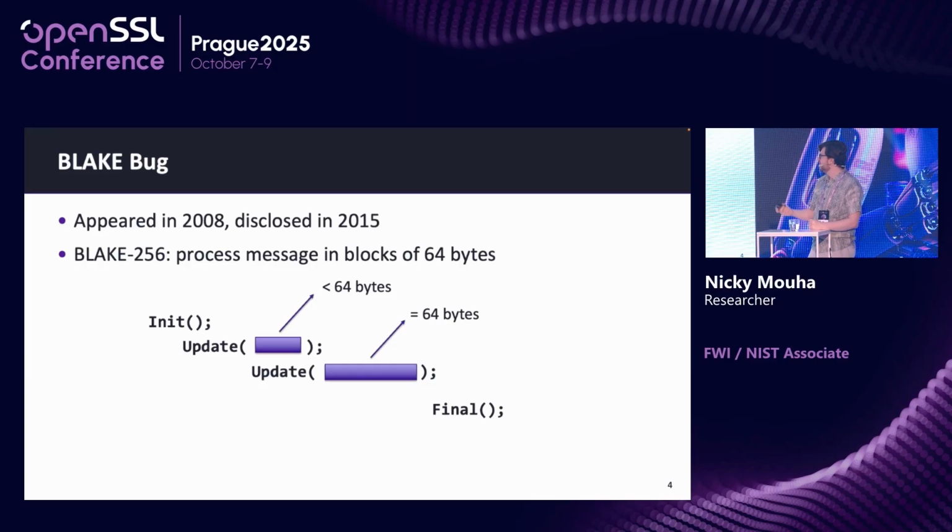So what happens? Let's take, for example, BLAKE-256, which processes a message in blocks of 64 bytes. 64 bytes is the size of the block in the first slide where you saw the blender.